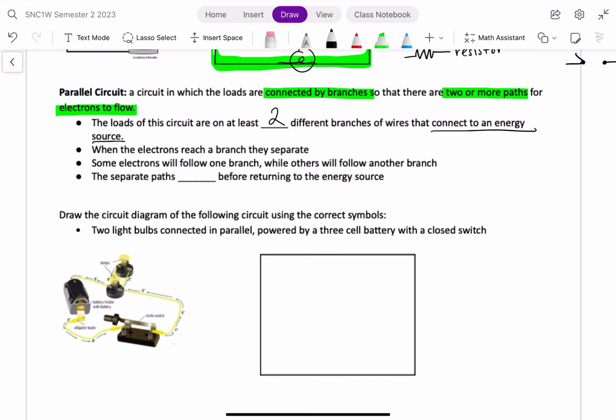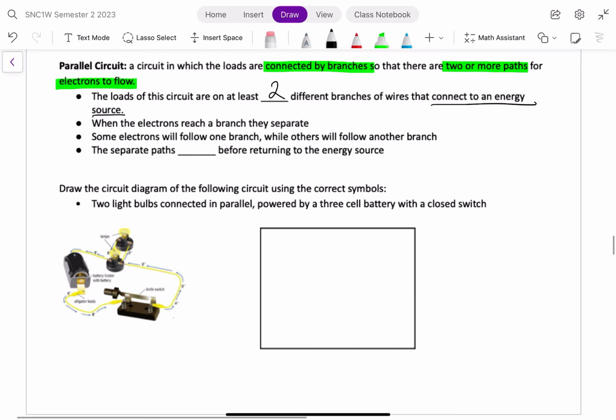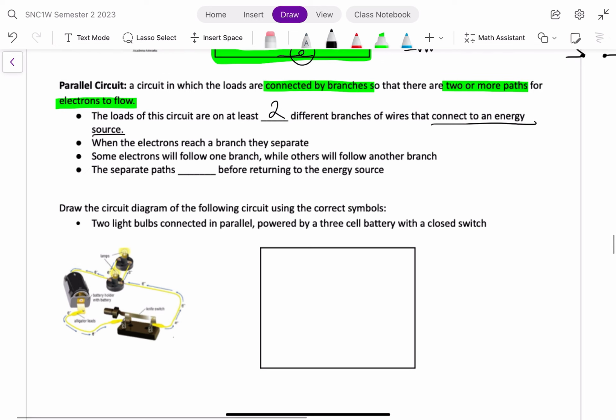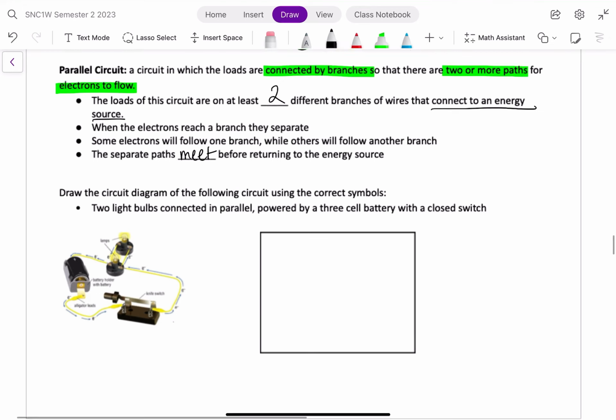So this allows for electrons to flow through different branches. Some electrons will follow one branch while others will follow another branch. The separate paths meet up before returning to the energy source.